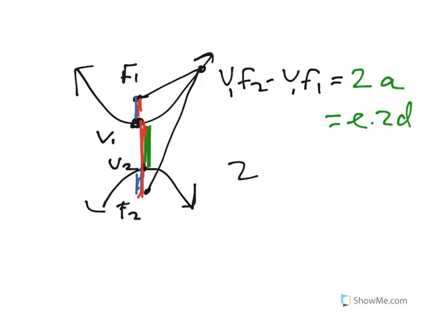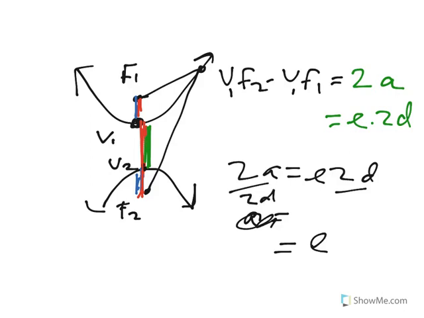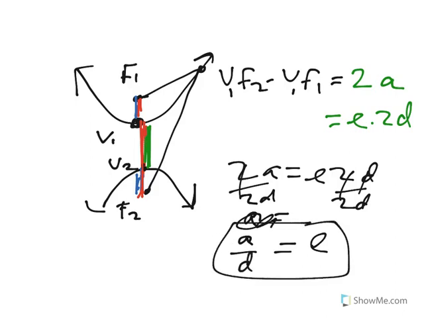And I get a new relationship then that 2a is equal to e times 2d, or actually E equals, if I divide both sides by 2d, I get A over D. That might come in handy in a second.